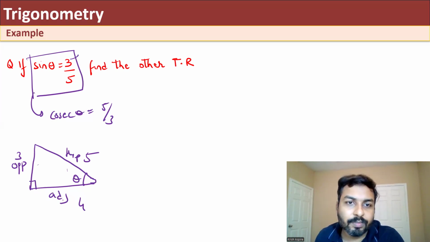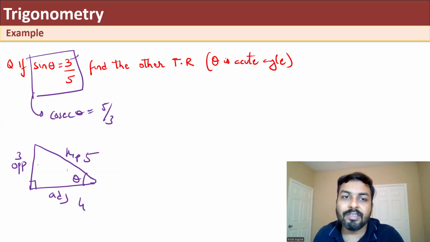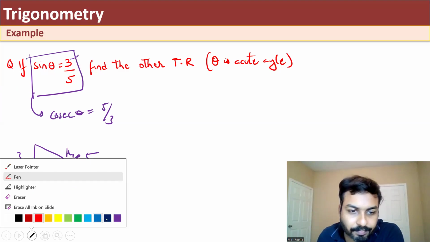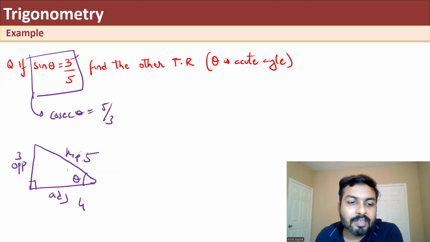Adjacent side is 4. Now, here it is important that theta is an acute angle. We'll discuss later why theta should be an acute angle.